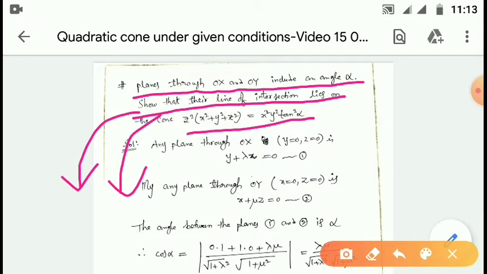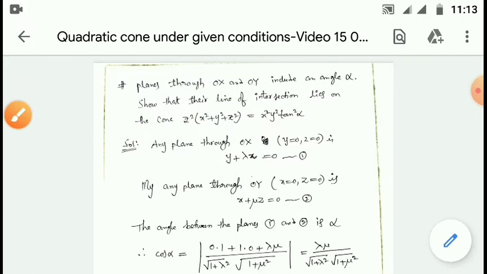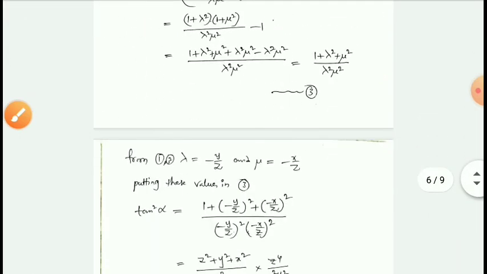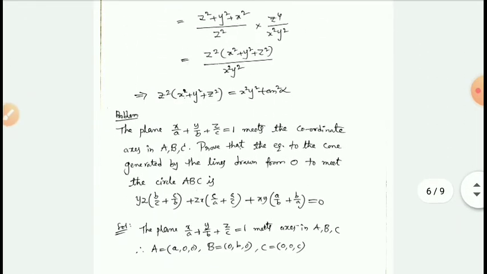We have two parameters lambda and mu, and the locus of the line of intersection is obtained by eliminating these two parameters in the relation. Therefore we finally got z square into x square plus y square plus z square is equal to x square y square tan square alpha, which is the equation of a cone, and hence the line of intersection of the planes passing through OX and OY lies on the cone. This is the procedure to solve this problem.